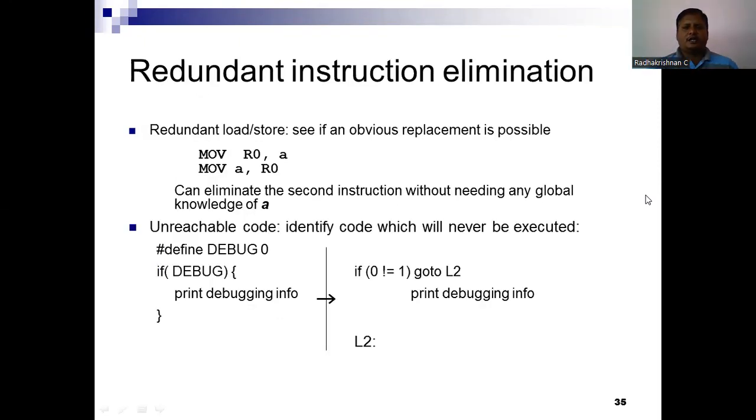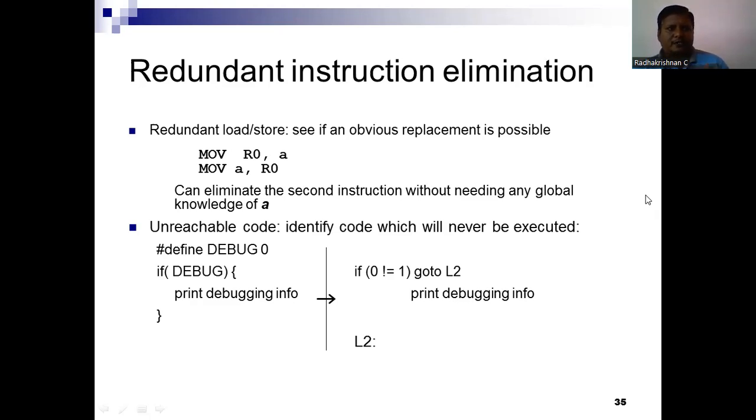Redundant instruction elimination means, for example, at line number 10 the value of R0 is assigned to variable A. At line number 11, immediately the value of A is again assigned to R0. These two statements do not require coding because this is a redundant immediate change. First we move R0 to A, and immediately we move A to R0, so these two instructions are redundantly executed consecutively, swapping their values.